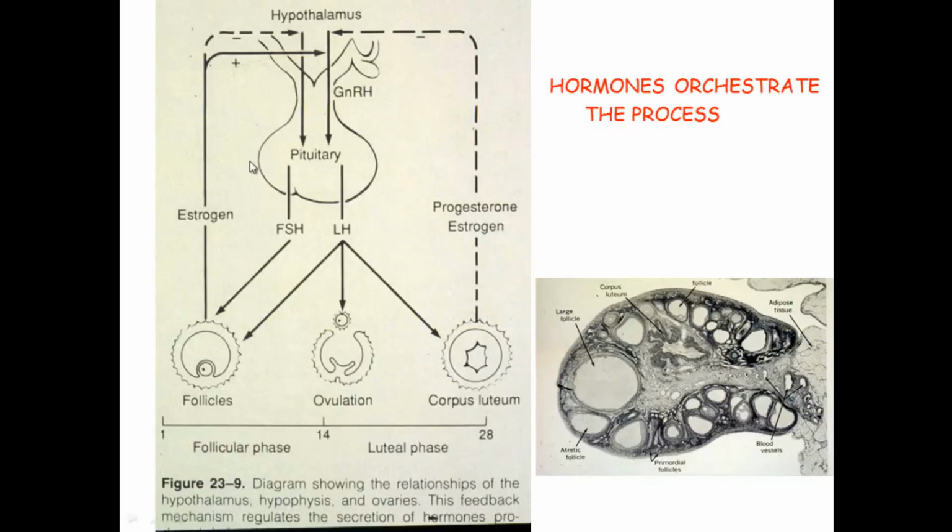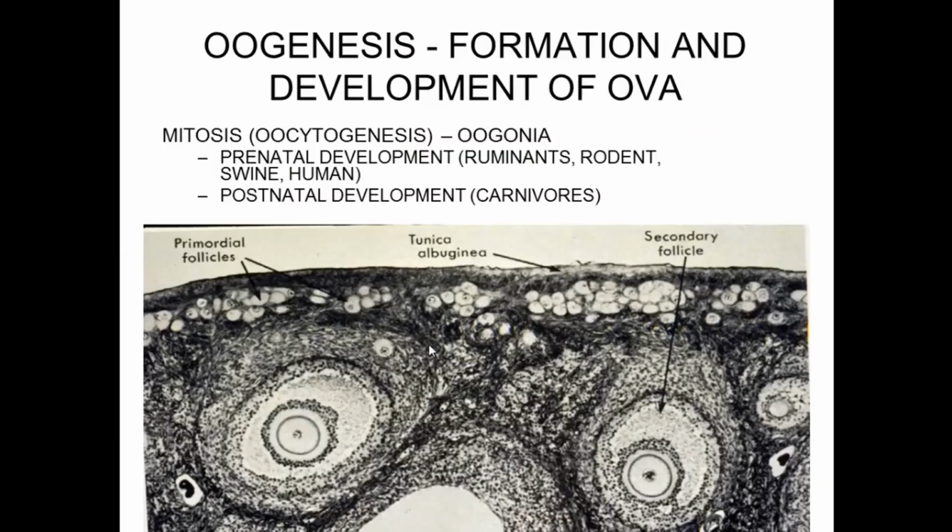And so you have the pituitary hormones, LH and FSH, orchestrating the activity of the ovaries, and then we'll see that the ovary also will be modifying the uterine development, as you can see.